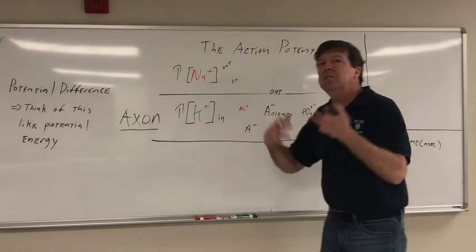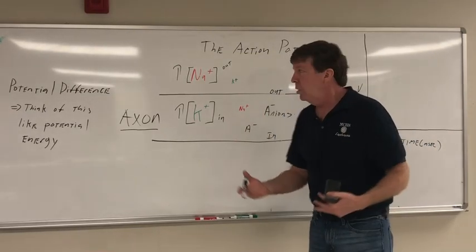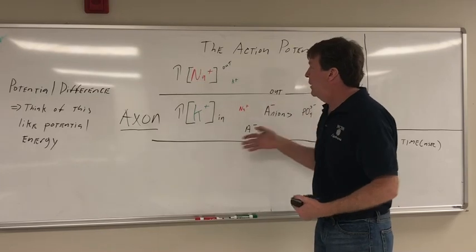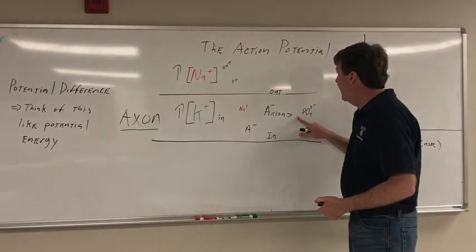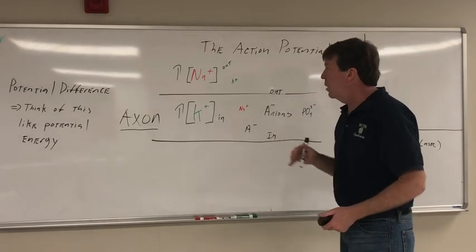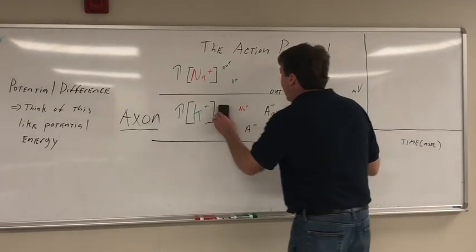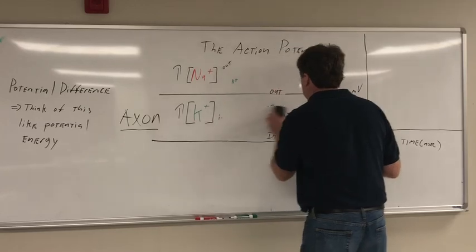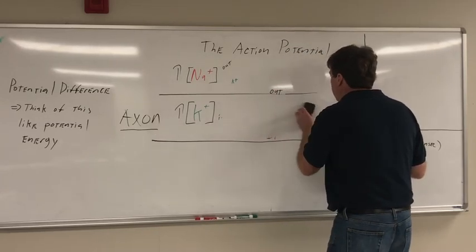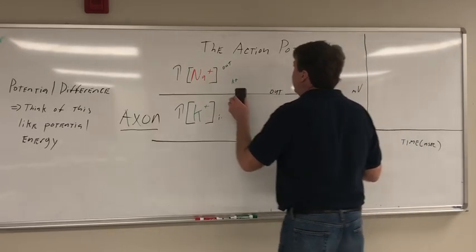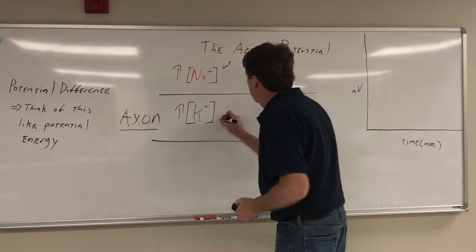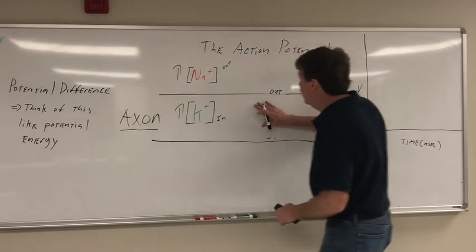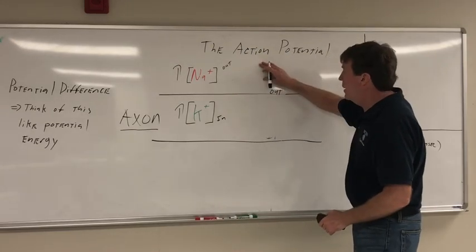If you account for the charges here, and if you account for the charges here, remembering that these anions are stuck on the inside, what we're going to have is more negatives on the inside relative to the outside. So again, we're going to have more negatives here compared to there.